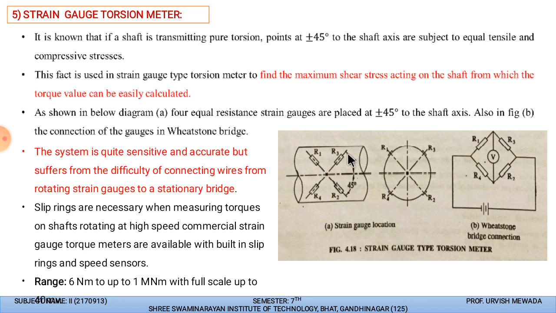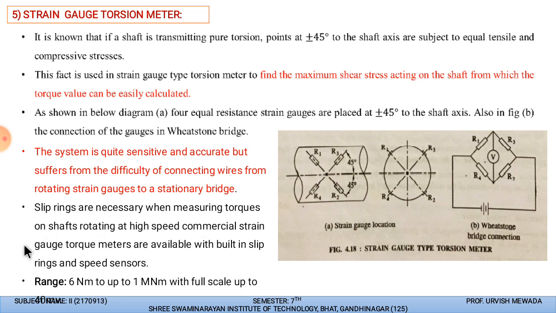available with built-in slip rings and speed sensor. Such a setup of strain gauges is available in the market for the measurement of torsion of a rotating shaft. So slip rings are necessary when measuring the torque on a shaft rotating at high speed.